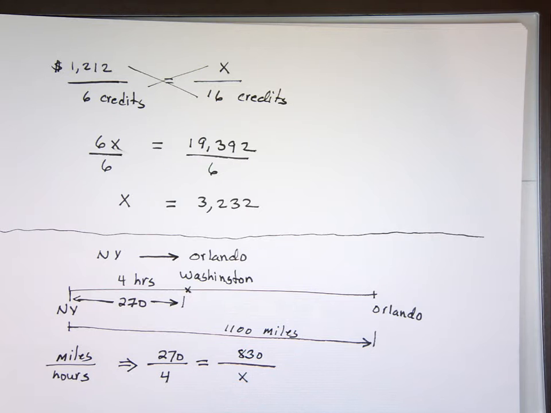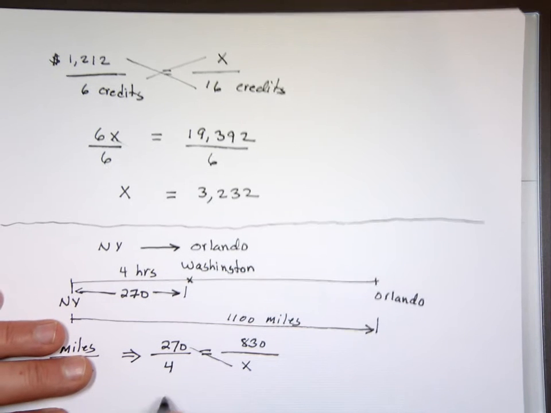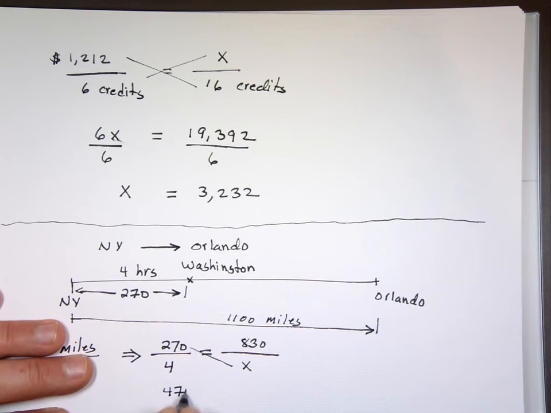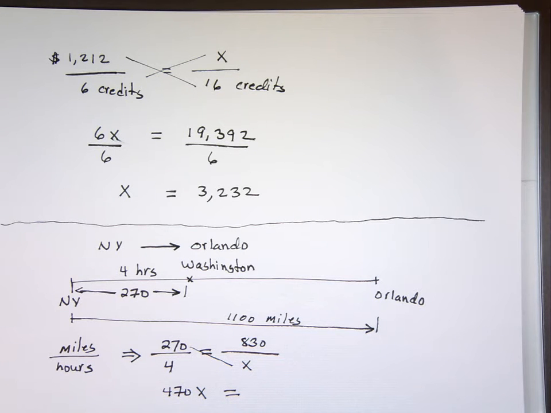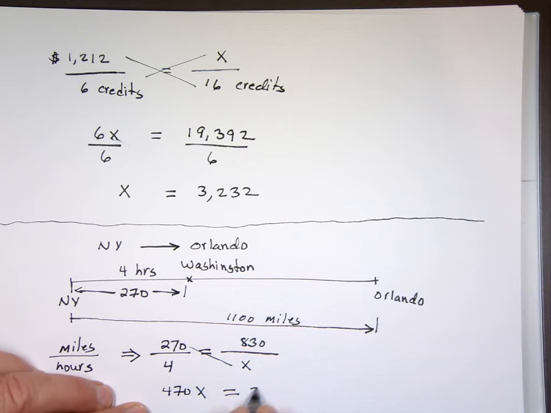So you have 830 more miles to go. You cross multiply. 470x equals, what is 830 times 4? 3320. You divide by 470.